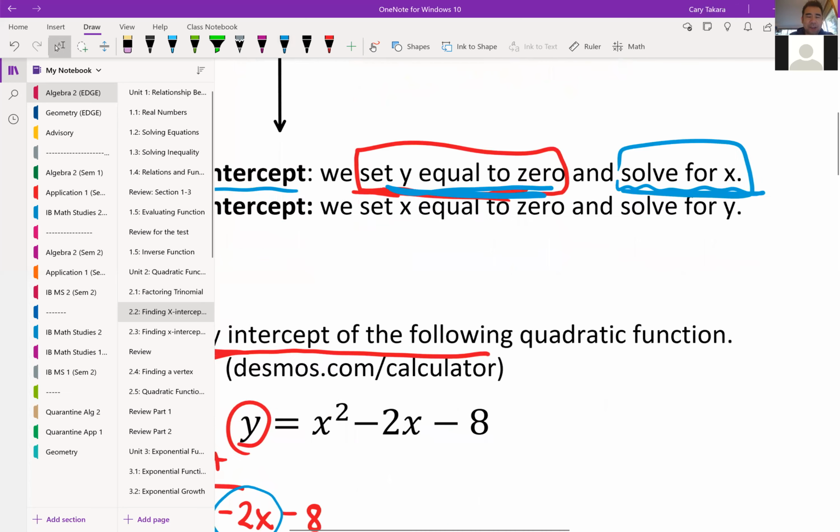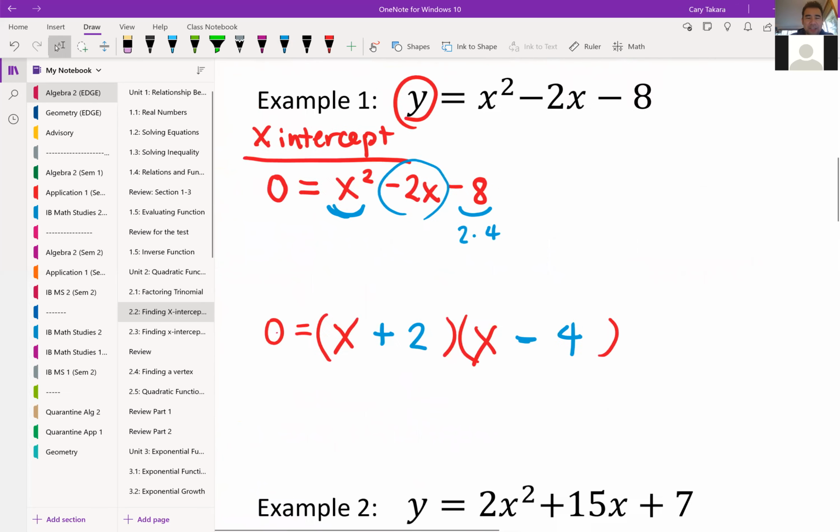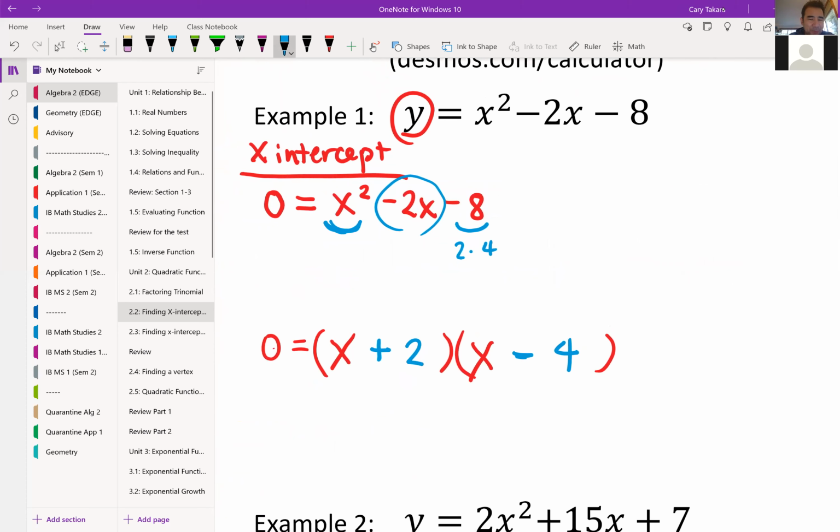We haven't quite solved yet. To solve for x, you're going to ask yourself what you can insert for x that will make it equal to 0.